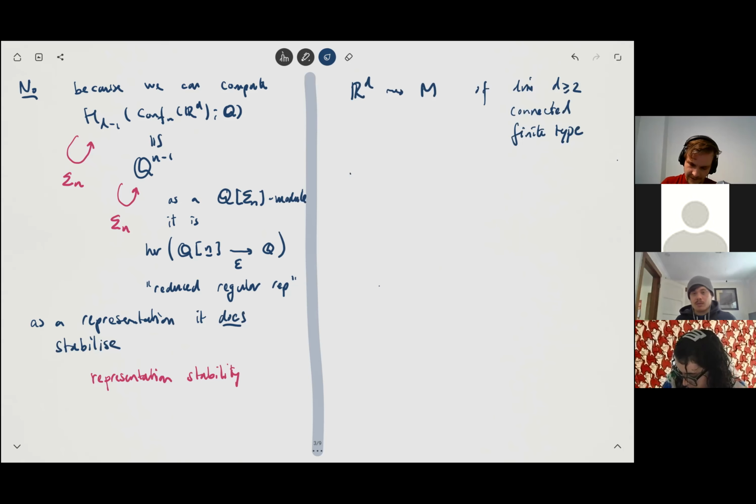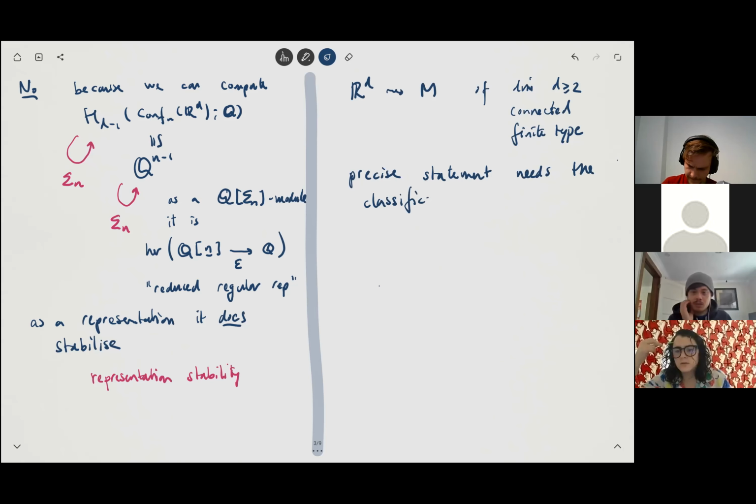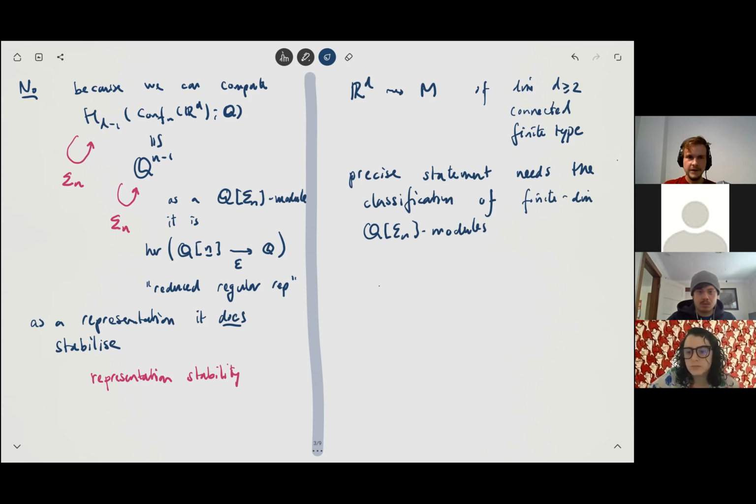So the precise statement, at least the one I'm giving now, needs the classification of finite dimensional representations of the symmetric group over the rationals. Okay, so these, the irreducibles, so it's semi-simple, everything splits as a direct sum of irreducibles.